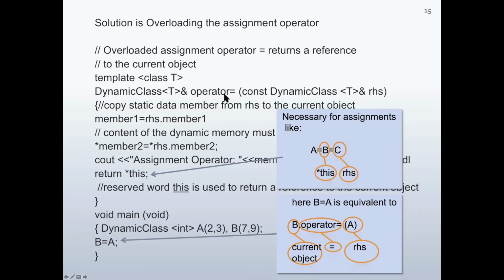Again, the assignment operator is called for loading the values in B to A. B assigned value A is equivalent to, on B, we applied operator equal, this is the assignment operator, and A is corresponding to right-hand side. B is the current object. We are using assignment operator, and this is the right-hand side, RHS.